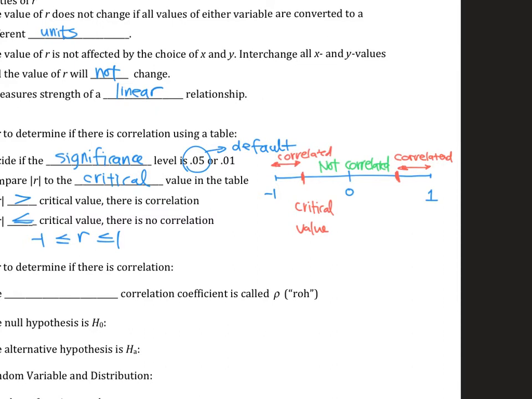So whatever you calculate from the calculator, if it falls between the critical value and -1, that means your data is correlated. If it falls in here, that means your data is correlated. If it falls in here, then your data is not correlated. So this is how I can tell if my data is correlated or not, by looking at where the number I calculate from the calculator falls. Here, here, or here.